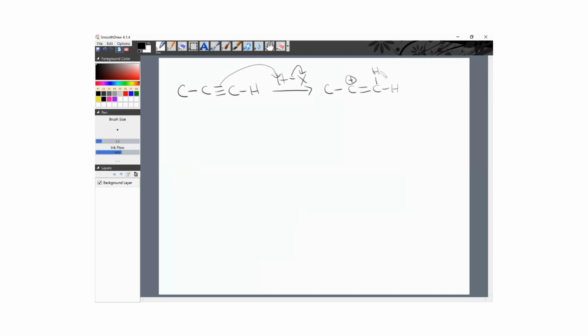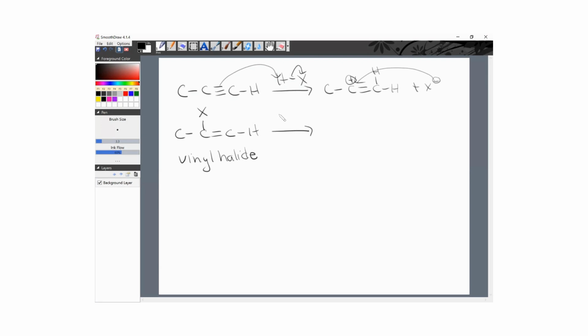So here's the hydrogen that we put on, plus X minus. Oh, look, it's going to attack, and it's going to make... Okay, so that is your first product, okay? This is an alkene with a halogen, or it's called a vinyl halide, because there's a halide, and alkenes are sometimes called vinyl groups, so it's a vinyl halide.